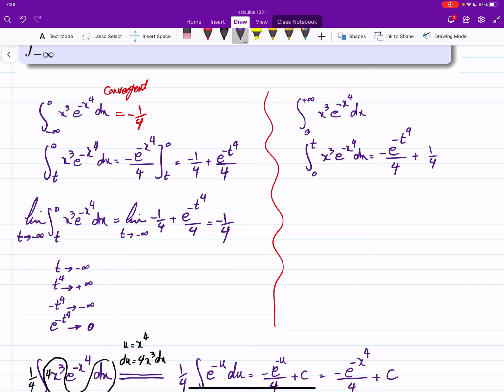Yes, and then find the limit of this guy as t goes to plus infinity, which is the same thing as saying find the limit of this guy.